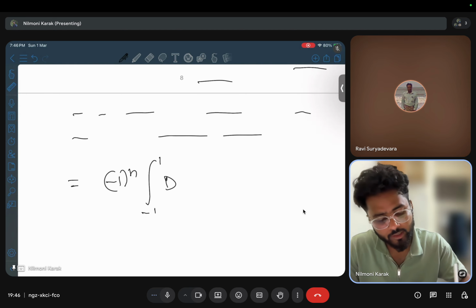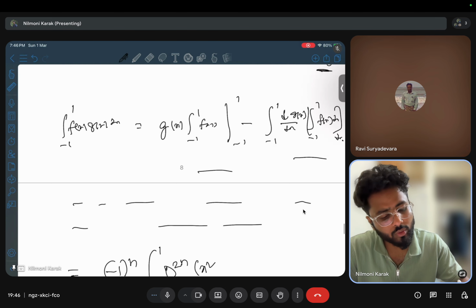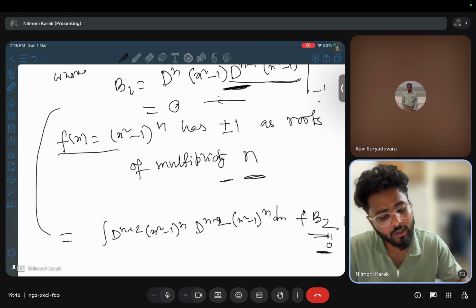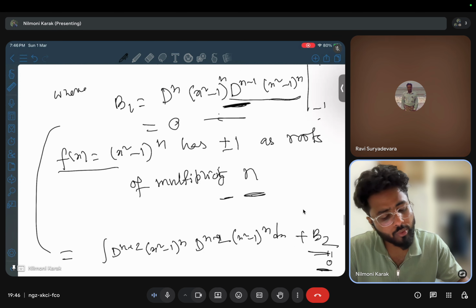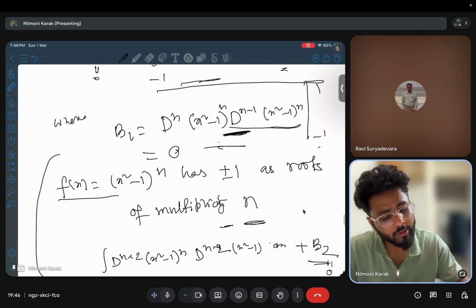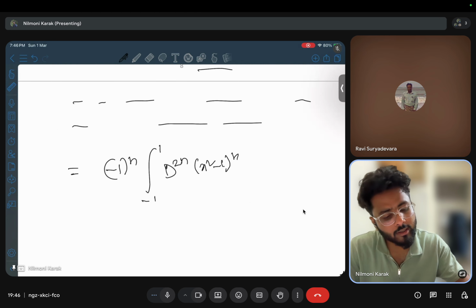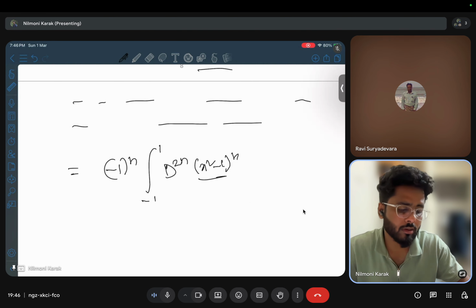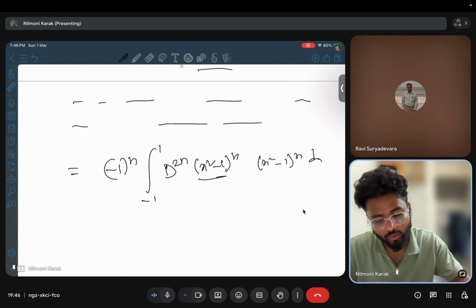When we take the second by parts we get d^(n+2), so n times gives d^(2n), and if you do n times integration, then you will have d^(n−n), meaning (x² − 1)^n dx only.